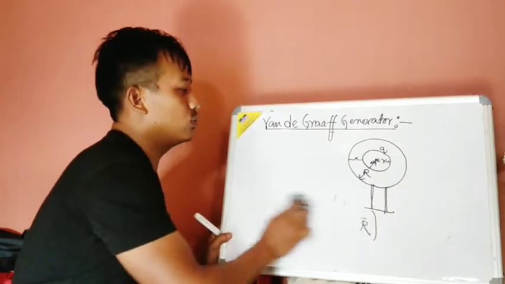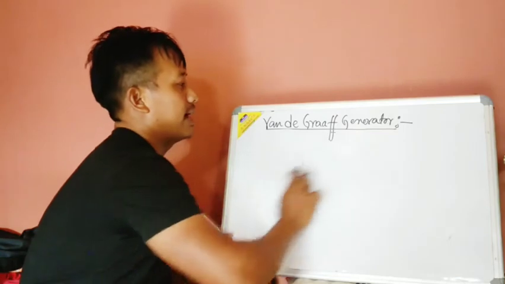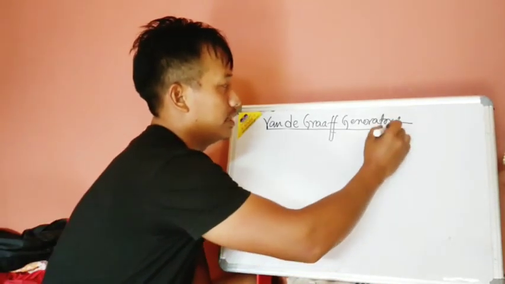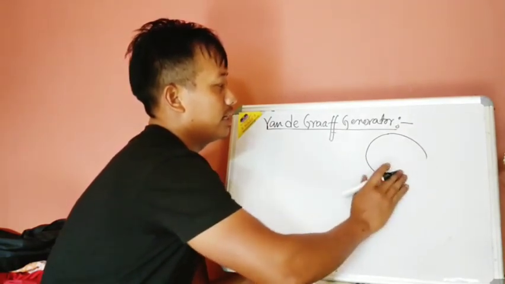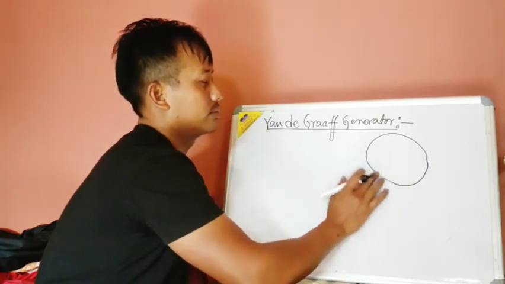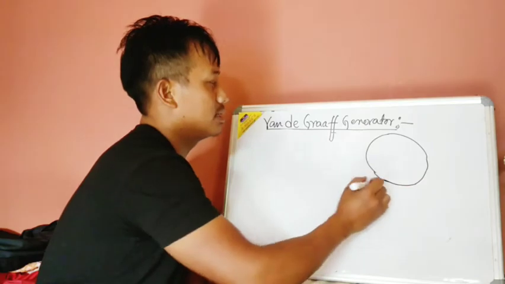Then let us come to the exact device. There will be the spherical cell, the outer and the inner. Let us see how it is used to accelerate the charged particles.